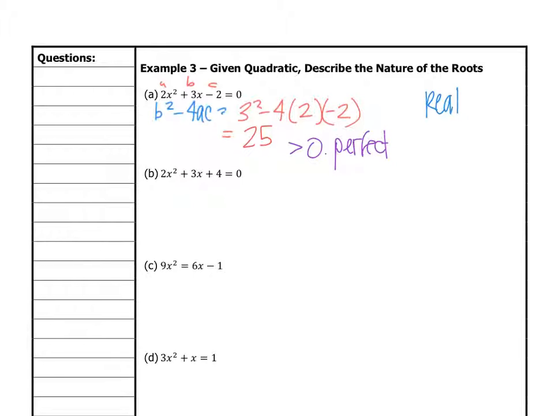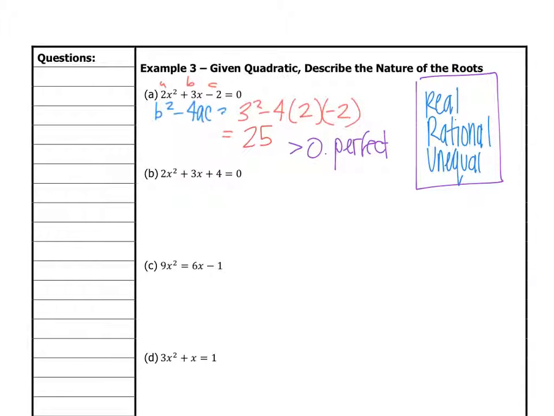Then decide, are the roots rational or irrational? Then the last decision you have to make is whether or not the roots are equal or unequal. So here I chose real, rational, and unequal.